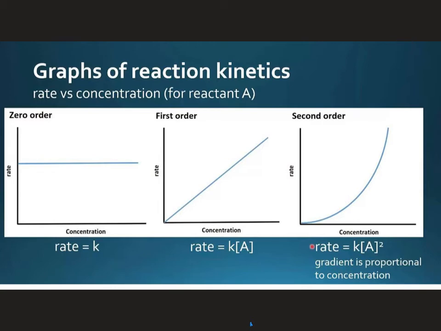So if you double the concentration, the rate goes up by a factor of 2. Second order, it is exponential increase because if you double the concentration of A, the rate goes up by a factor of 4. Okay? So these are a variety of other graphs.